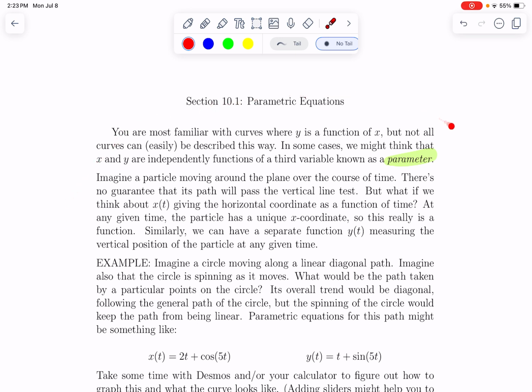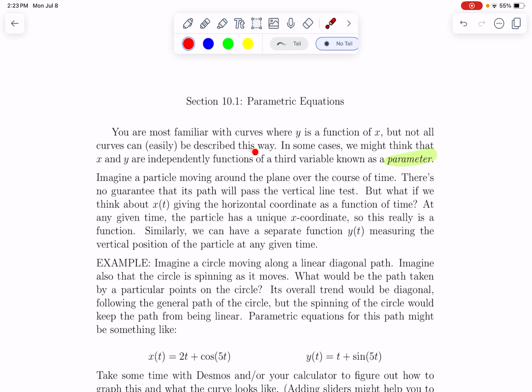As I move around, no matter what time it is, if I stop at a specific time, wherever this particle is, it has one specific x coordinate. So if we're just thinking about the horizontal position, it goes up and down, but it also goes back and forth. There is theoretically a function which tells us at a given time what is the x coordinate.